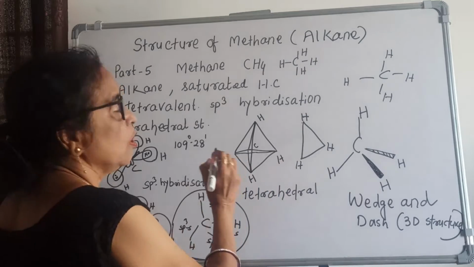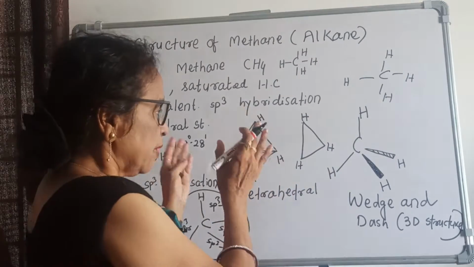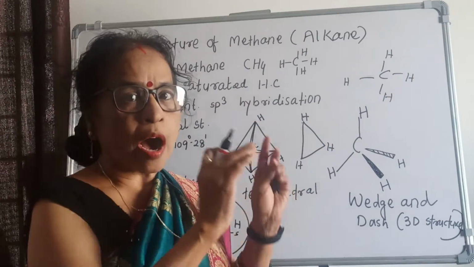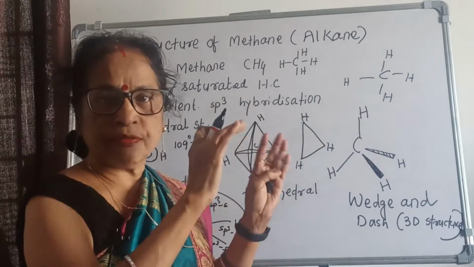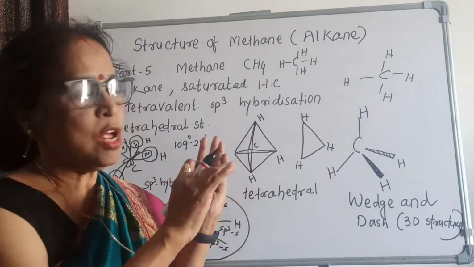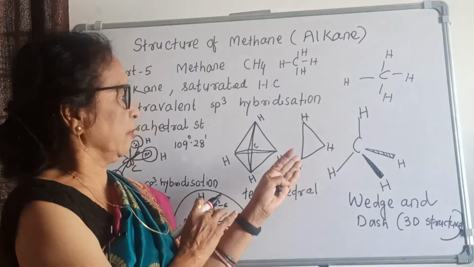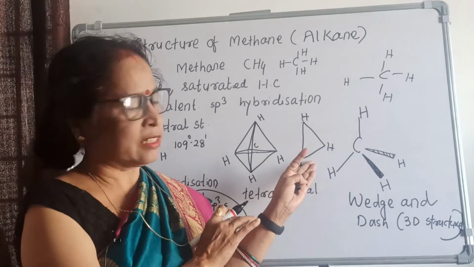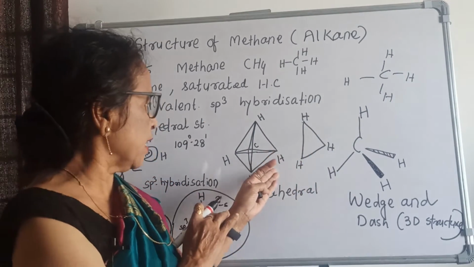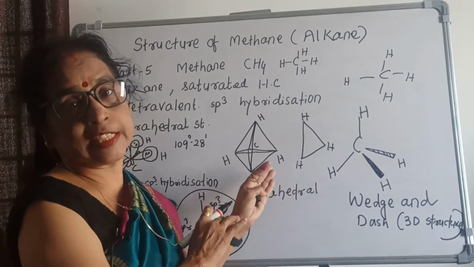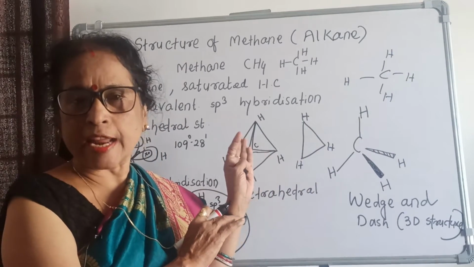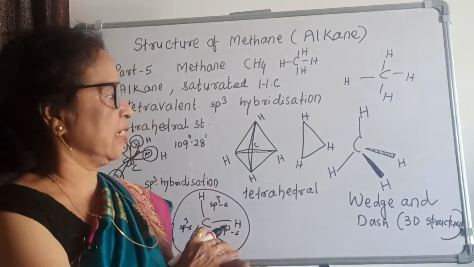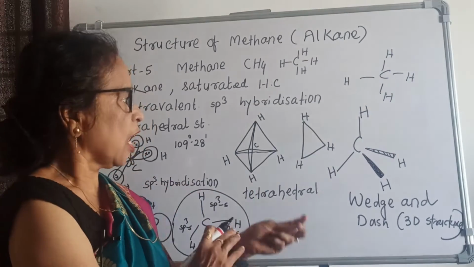Similarly, here also. That means the face of the tetrahedron looks like an equilateral triangle. So this is a tetrahedral structure and every face is an equilateral triangle.